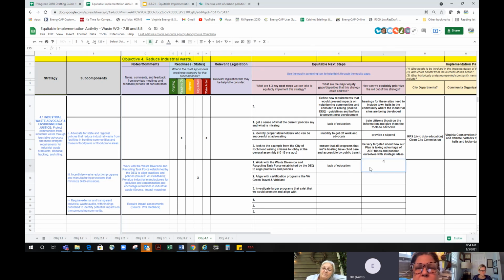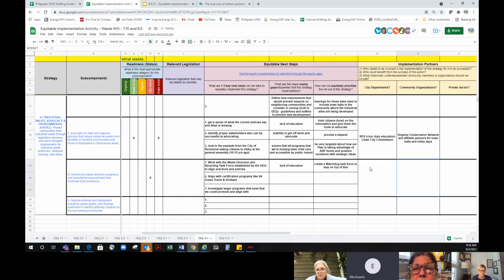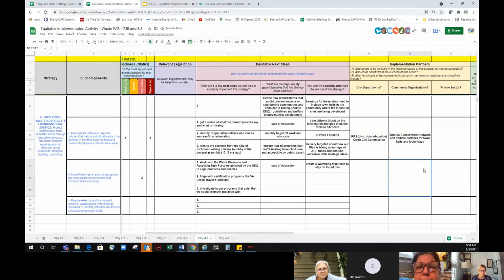I feel like Food and Water Watch is kind of living within that realm, at least on a more statewide level, but I don't know. What is it called? Food and Water Watch. Can you think of any other partners on this? I mean, Chesapeake Bay Foundation.